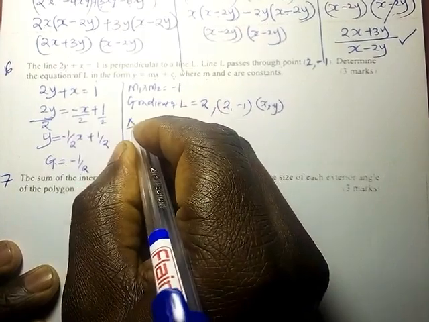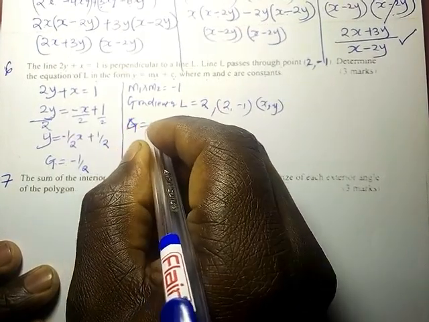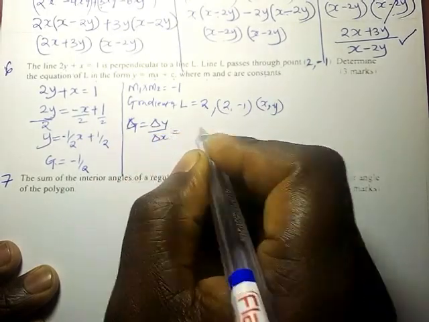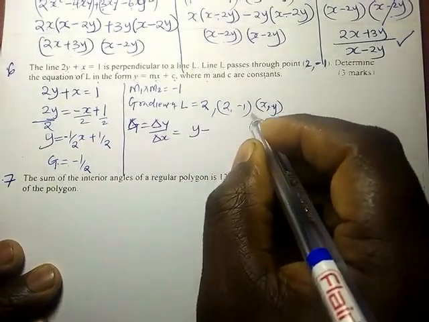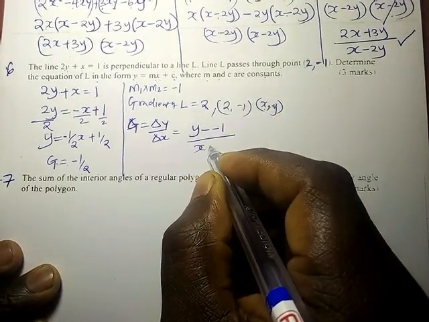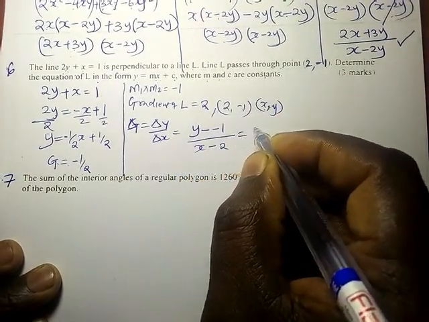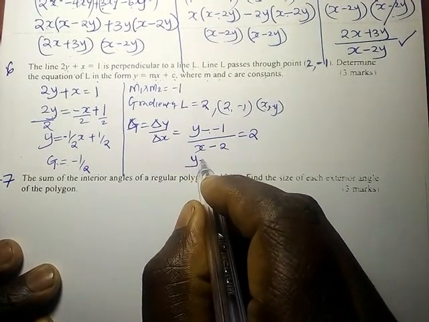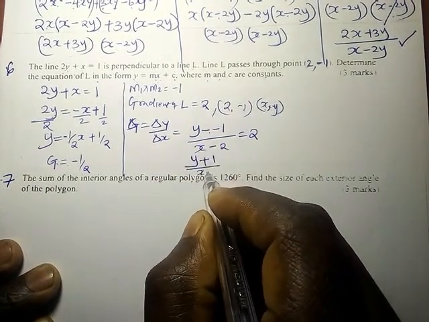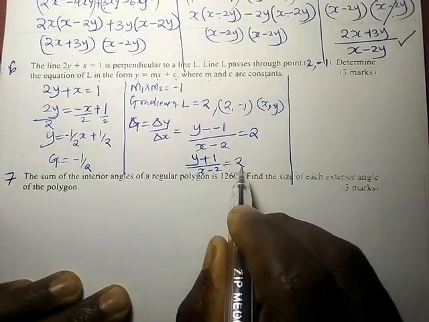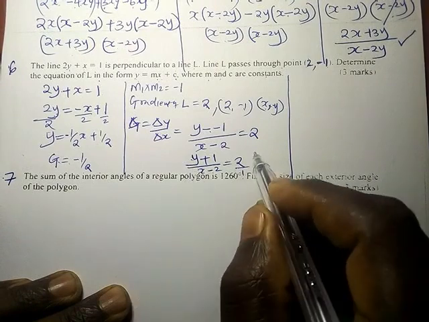But I know gradient is equal to change in y over change in x. So y minus this, minus 1, over x minus 2, and the answer is 2. This one is the same as y plus 1 over x minus 2 equal to 2. The next thing now is to multiply over, cross multiply.